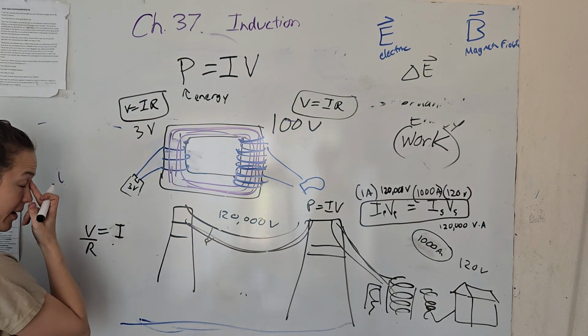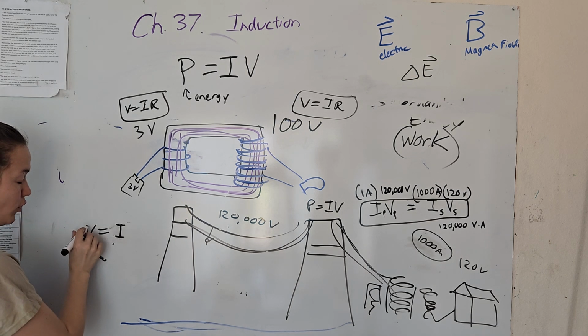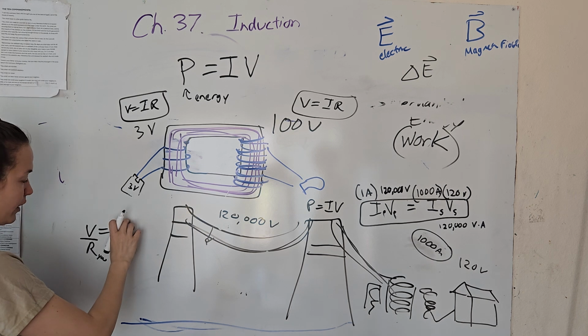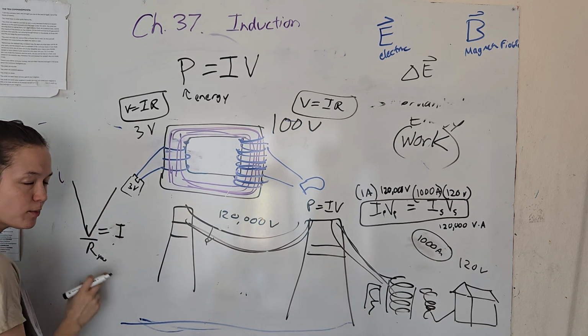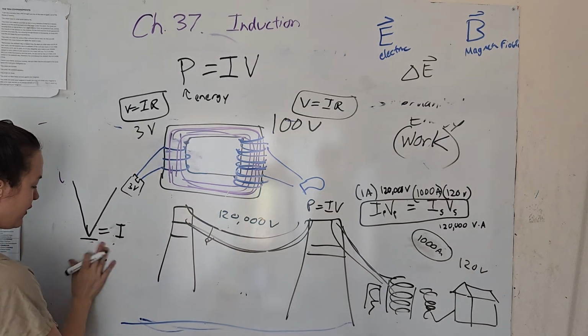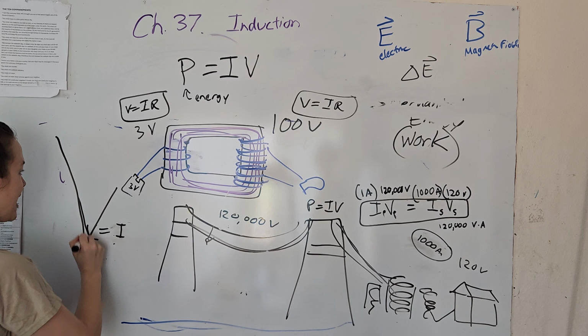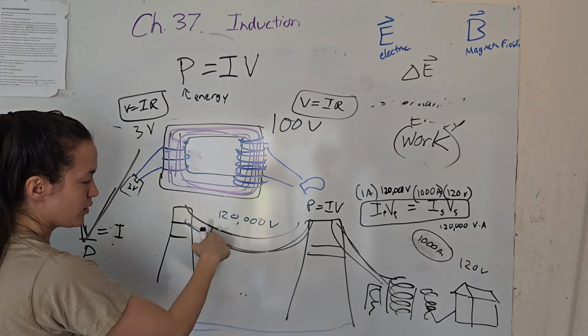So V equals IR, divided both sides by R. If you have a certain resistance, the bigger the voltage, the bigger the current. If you touch 120,000 volts, it doesn't matter if you're super dry and wearing your rubber shoes and rubber gloves. Even if you try to make your resistance big, you're fried if you touch across the two of them.